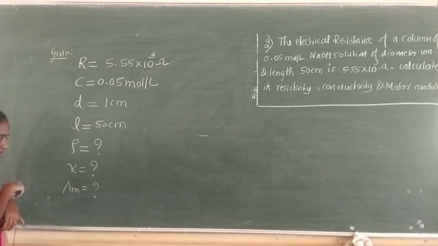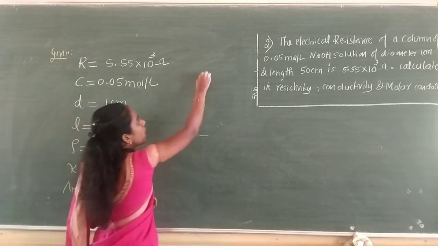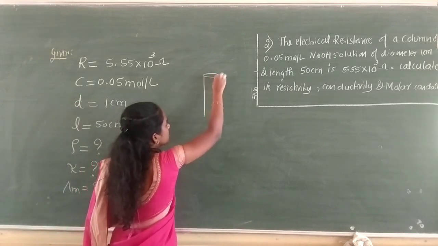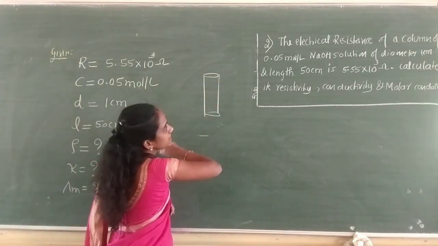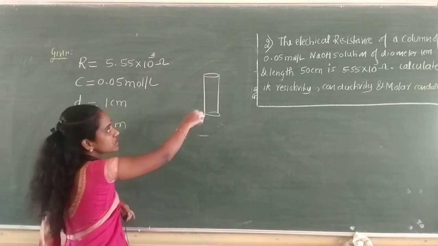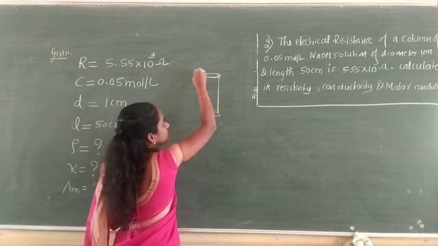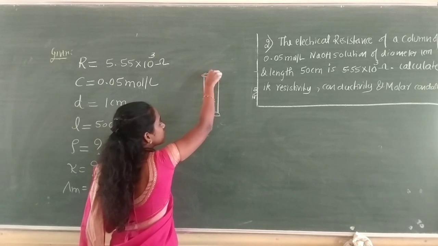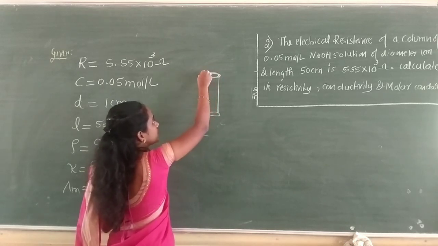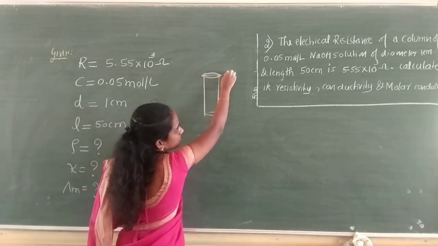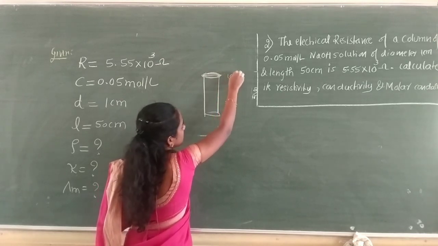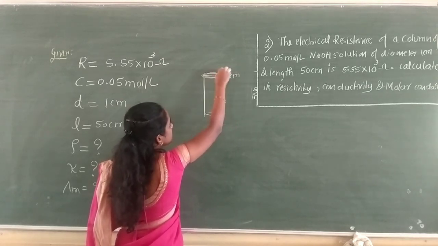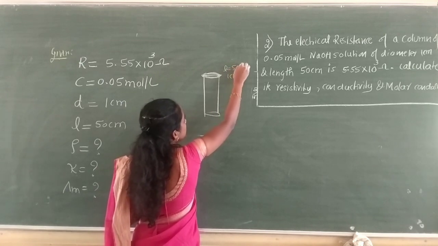Okay. Now, column. So what is this column? The electrical resistance of one column is given. So this is a circular column where the diameter is 1 centimeter and the length is 50 centimeter.